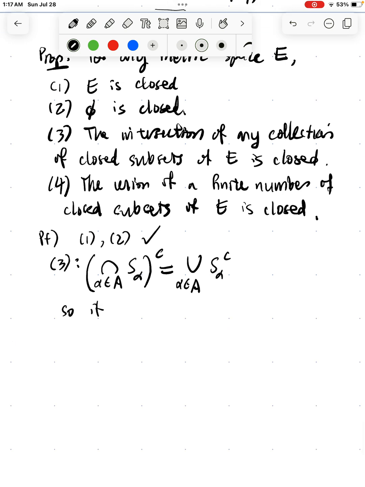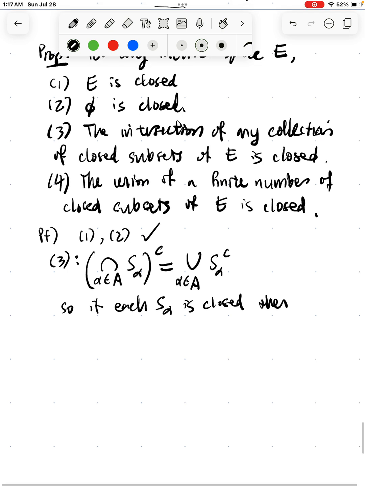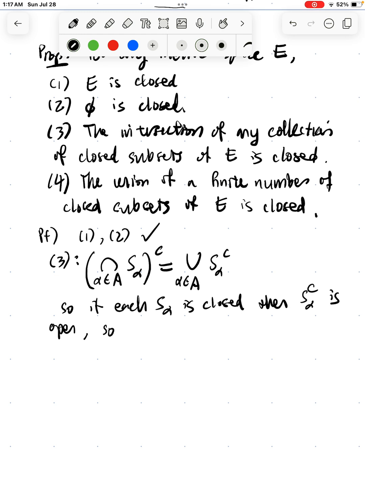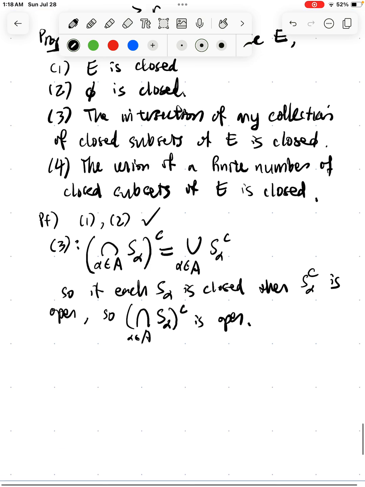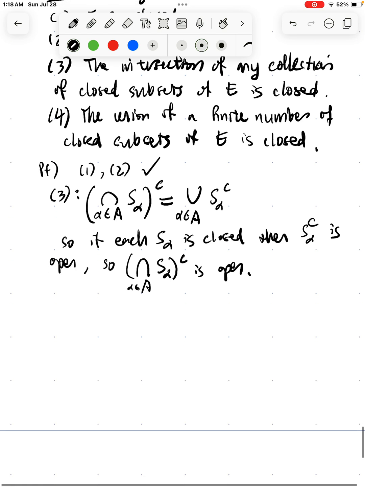If each S alpha is closed, then S alpha complement is open, and this is a union of open sets, which we've proven is open. So this is open, which implies that the intersection is closed.